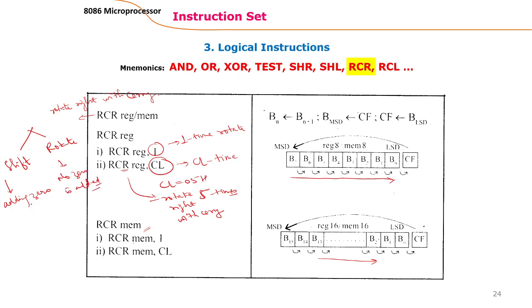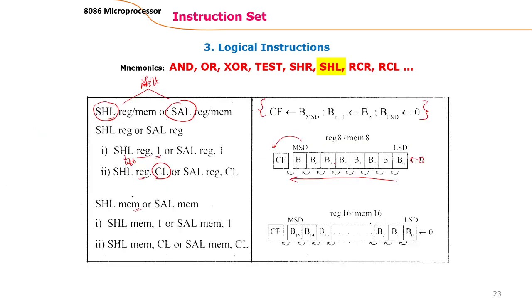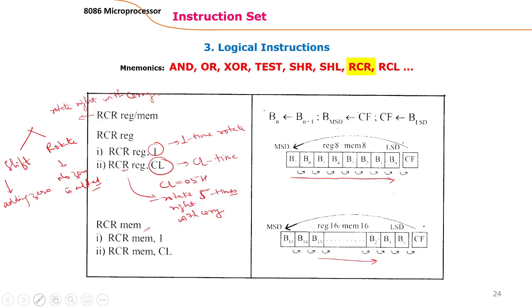Here in shift we are adding the 0, because when it is shifted to the right side we include the 0, and whatever content is in this carry flag is not going to repeat to the least significant digit. But in case of rotate we have a closed loop type of structure. If we are rotating right, the carry flag will come up to the MSD side, and a closed loop is formed. So this is rotate. But in shift it is in one direction only.